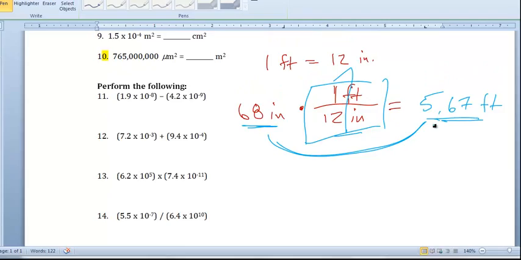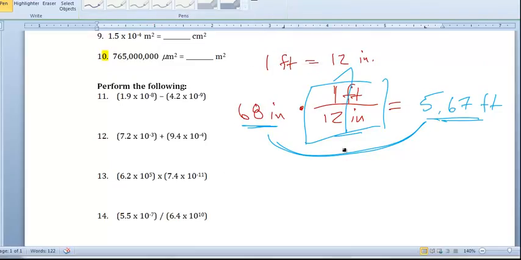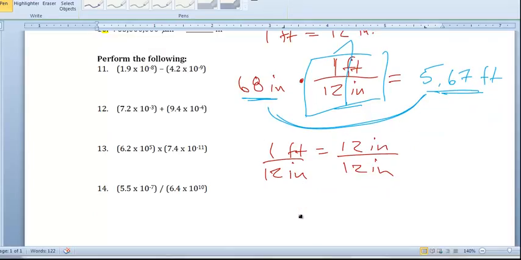All right, let me grab my red pen. Okay, so again, if we start with 1 foot equals 12 inches, all right, now watch this. I can divide both sides by 12 inches, right? Okay, and when I do that, I'll just rewrite the left side.